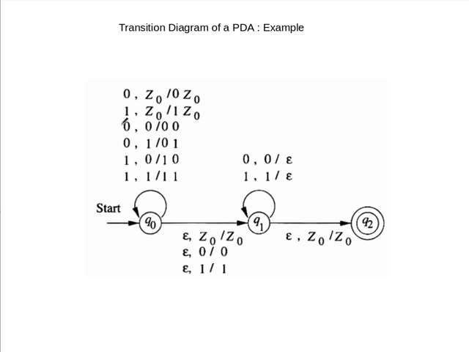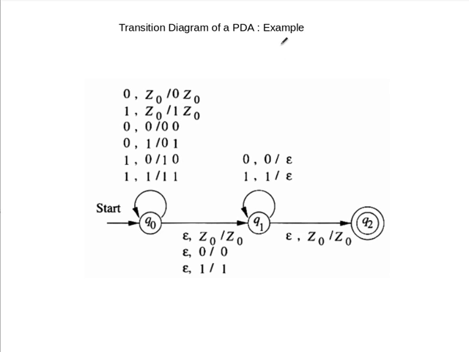And what is the stack alphabet? The stack alphabet always contains this Z0, and then you see these are the strings that go into the stack. So this 0Z0 is a string that will go into the stack. So this 0 is part of the stack alphabet, this 1 is part of the stack alphabet. So you see that there is an overlap here.